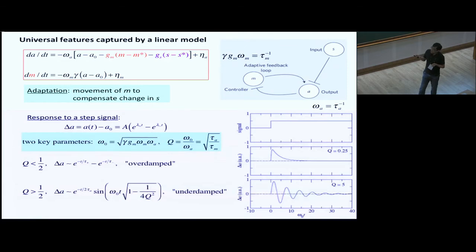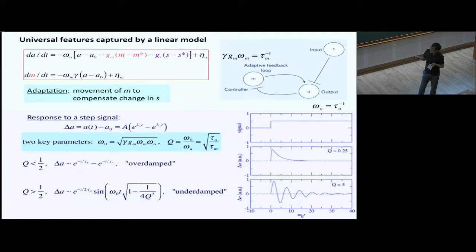Now, this equation is linear, so it's very easy to solve analytically. So for example, for a stepwise excitation, you're going to have a solution, delta A, which is given by this formula, with these two numbers, lambda plus and lambda minus, and all the college students in India can solve and find the expression for these two eigenvalues.